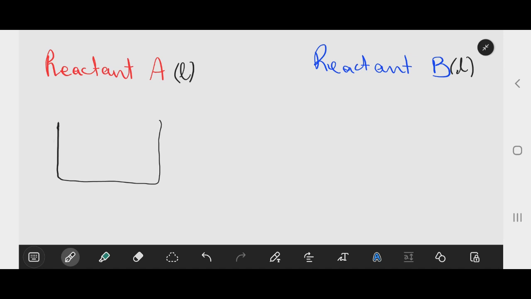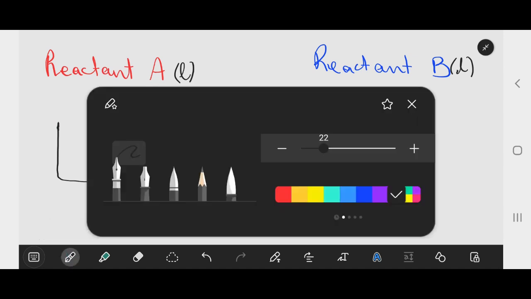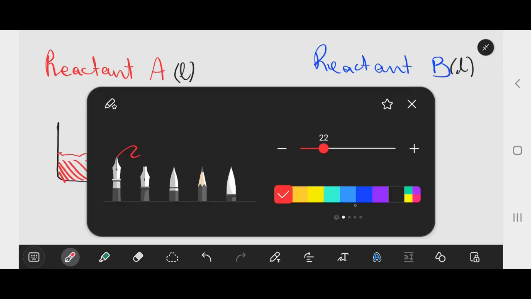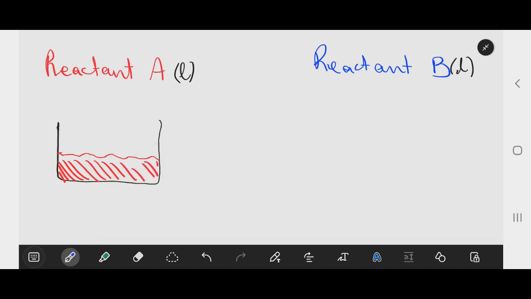So let's say we pour reactant A in this container, right? So let's say this is reactant A, and then we also pour reactant B in this container also.